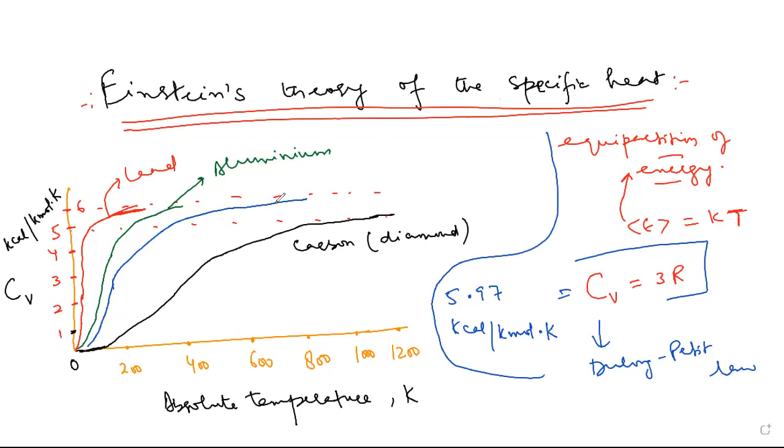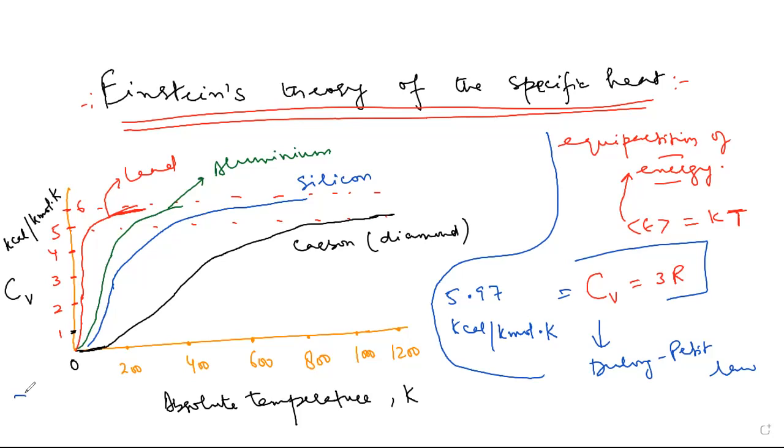These are approximate curves in order to give you the feel of what is happening. The first one is for lead, then I have aluminum, then I have silicon, then I have carbon in the form of diamond.